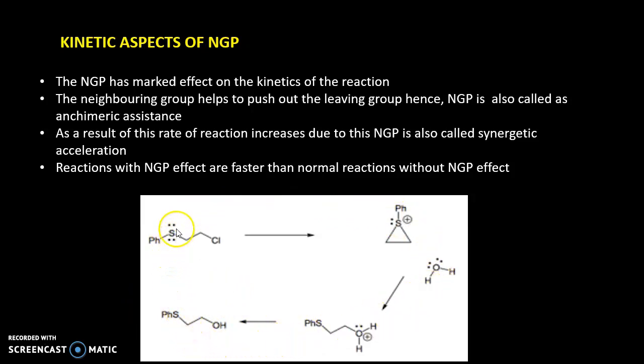So if this sulfur was not there, then the NGP effect would not be there in this reaction. So in that case, in the absence of this sulfur or neighboring group, the rate of reaction would have been very slow. But due to the presence of this sulfur, neighboring group participation is there and the rate of reaction increases. Okay, so we'll move further.